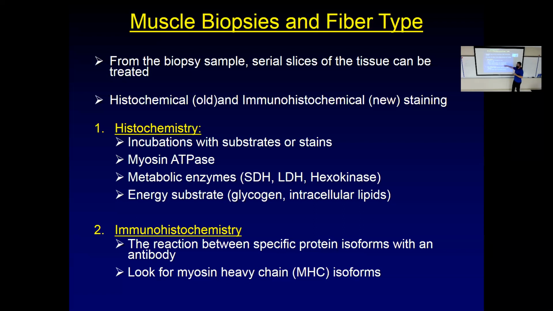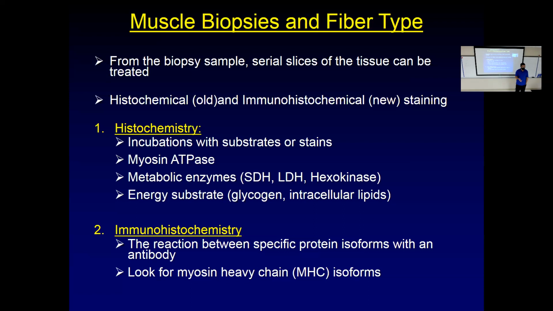We can now look at lipids, and there's a whole bunch of stuff that we can do. Now we know, because of immunohistochemistry, we can actually look at the myosin heavy chain, which has some slight differences. And from immunohistochemistry, we changed our naming convention. They're no longer typically called fast and slow.